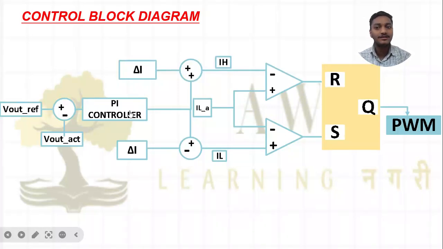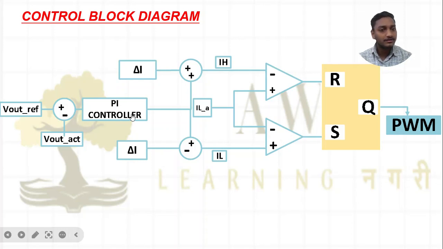We know that for the buck converter, boost converter, and buck-boost converter, we have learned the small signal modeling as well. Those videos are on my YouTube channel, you can go and watch. For the PI controller, we need the transfer function V naught by IL, and if I have that expression, I can tune my PI controller.